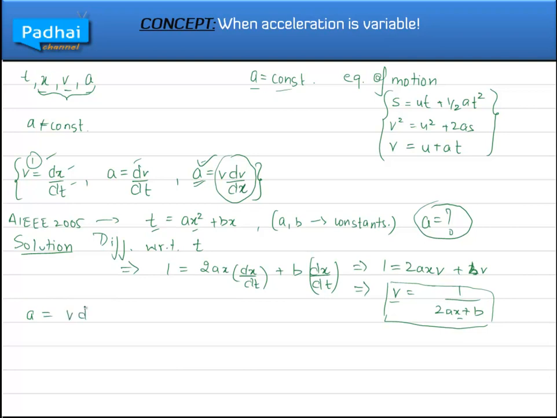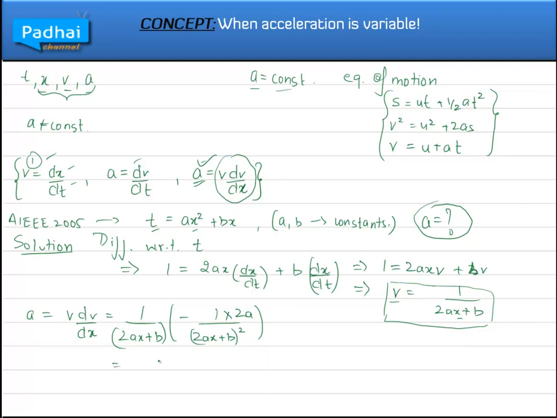So we have to find out the acceleration. Let us use the formula v dv by dx, which will be equal to, now let us put the value of v, which is 1 upon 2ax plus b. And we have to use the value of dv by dx. If we differentiate this value, what will we get? Minus of 1 upon 2ax plus b whole square into the differentiation of the inner part, which is 2a.